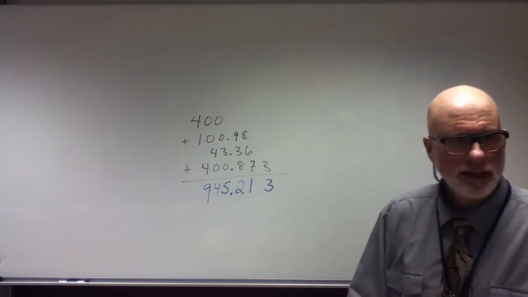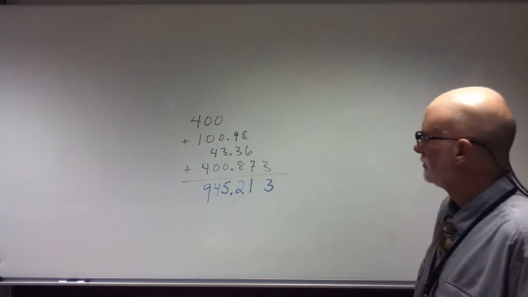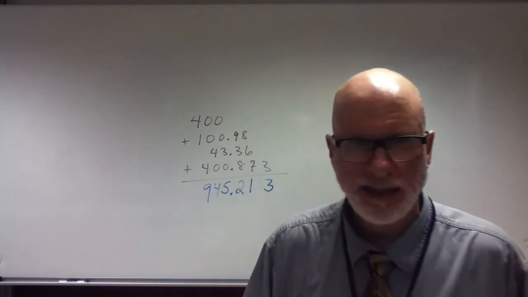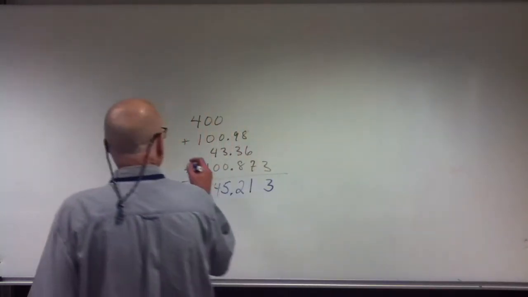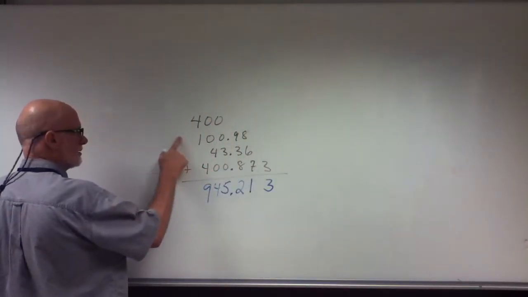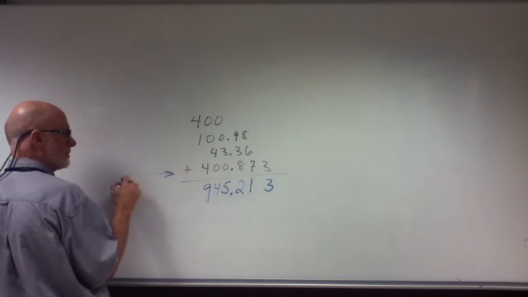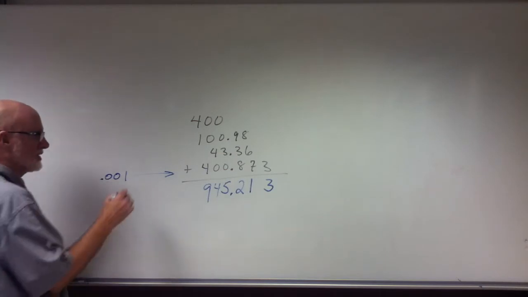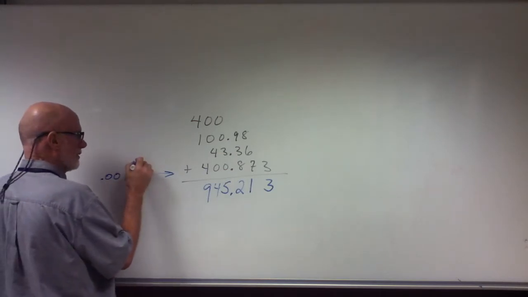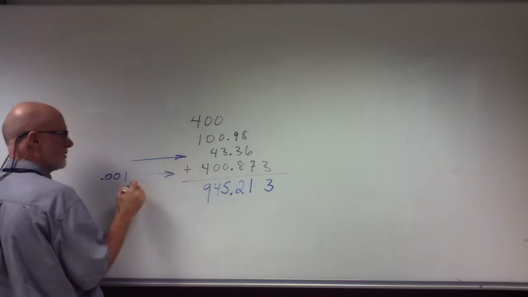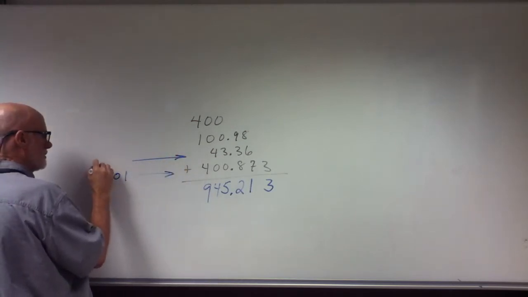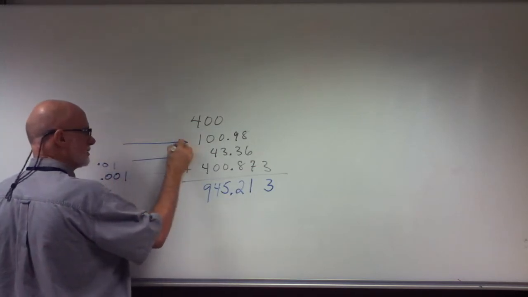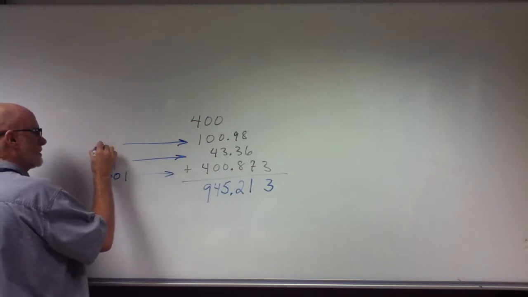Okay? Now, what do we round it to? What is the least precise value? What's the precision of this? Isn't that correct? Isn't that the precision? Okay. What about this? 0.01. Good. What's the precision of this? 0.01.